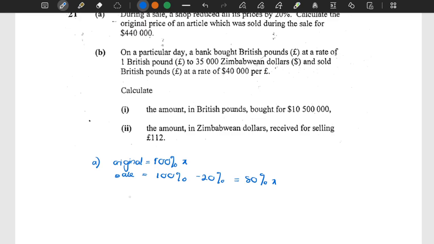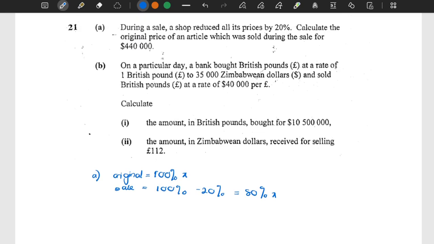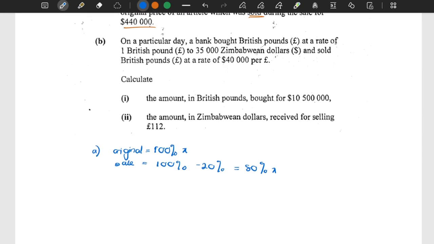So we are told that the selling price, it was sold for this much. So if 80% is 440,000, what about 100%? That's going to be more, right?